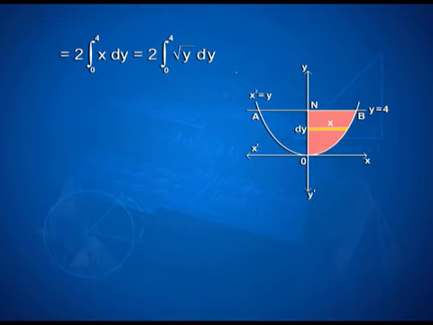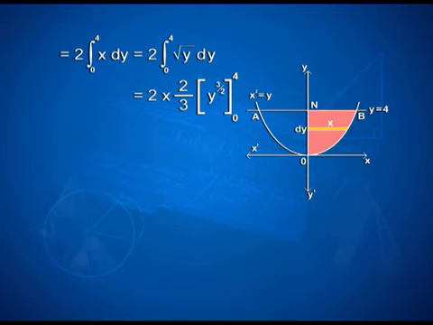Therefore, 2 into integral 0 to 4 x dy is equal to 2 into integral 0 to 4 square root of y dy, that is equal to 2 into 2 upon 3 into y power 3 upon 2 with limits 0 and 4.